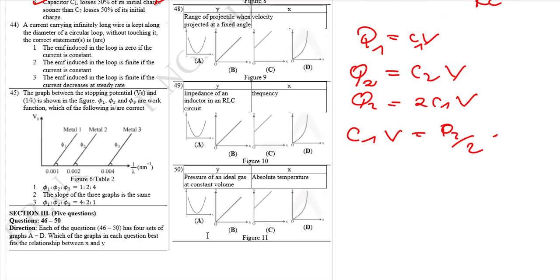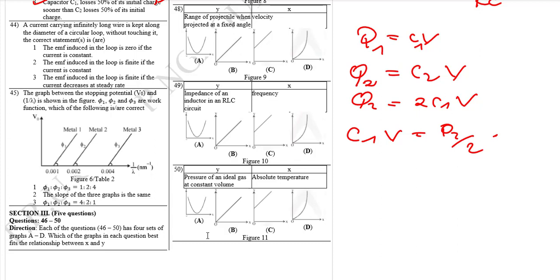Number 44. A current carrying infinitely long wire is kept along the diameter of a circular loop without touching it. The correct statement is: The EMF induced in the loop is 0 if the current is constant. That will be true.